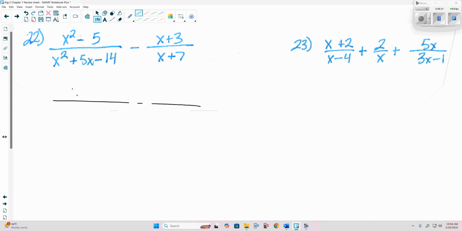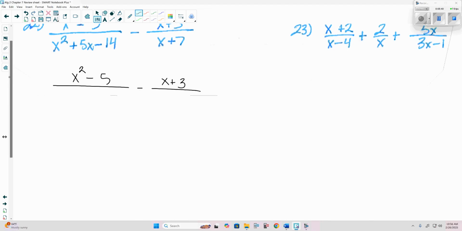Because all it's done for us is here, we can see the denominators aren't the same. So we have x squared plus 5x minus 14. Now we need to factor. Since the third term is negative, our signs are opposite.